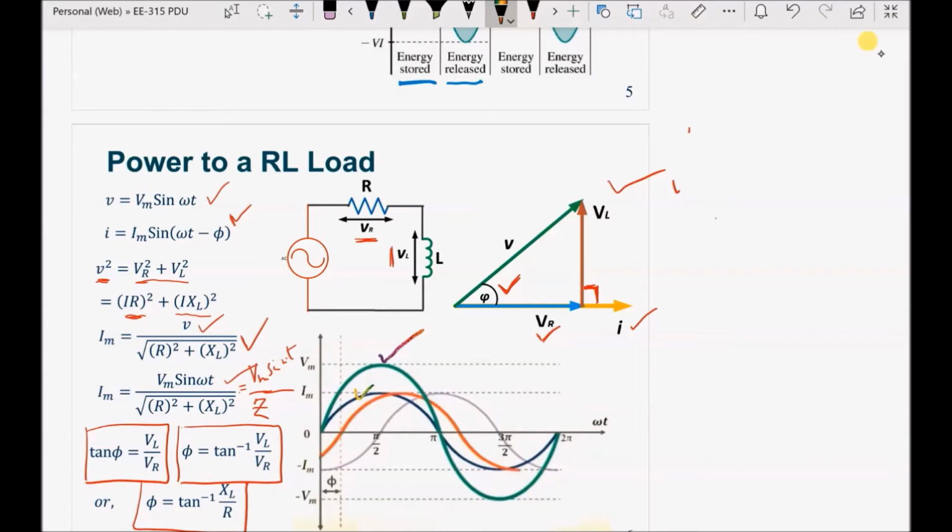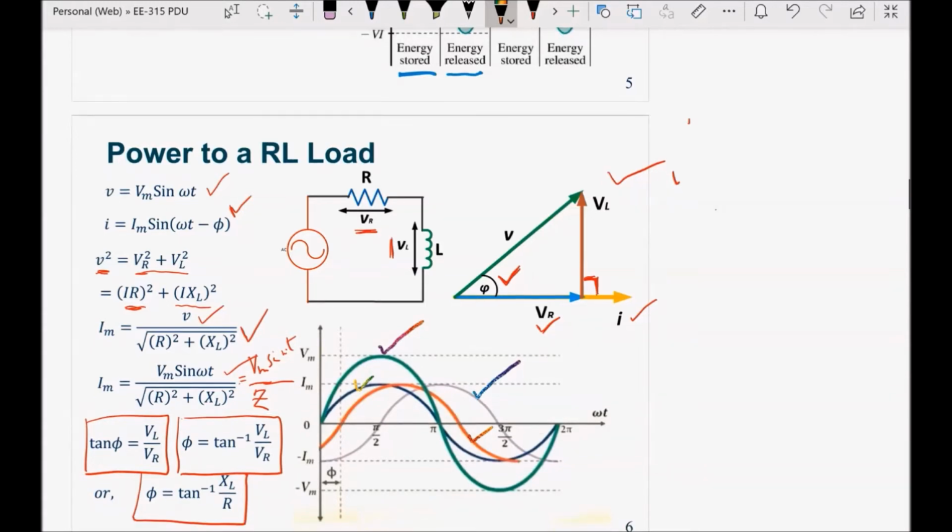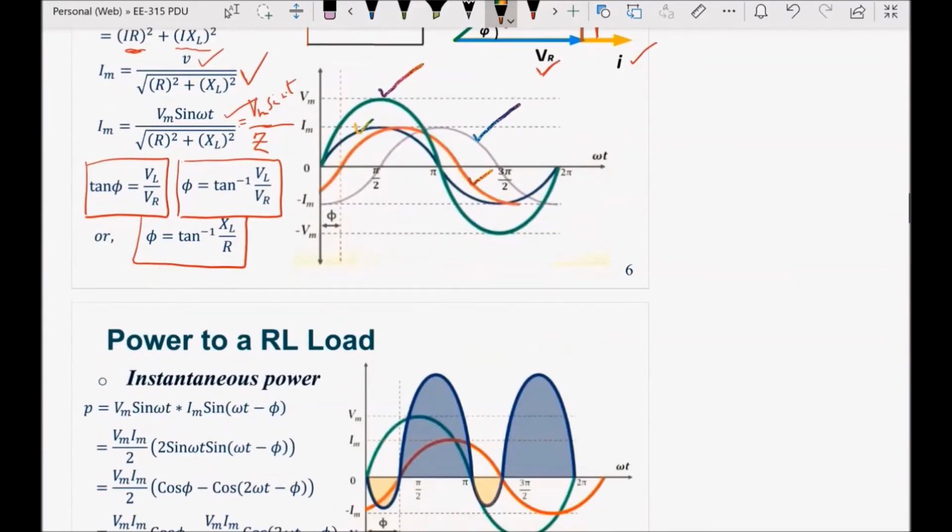So this current here is the inductor current, and it lags the voltage by 90 degrees, that we already know. But for the case when we have an RL load, the current IRL will slightly move back and is shown in the red color. So this is the waveform for the current in an RL load.